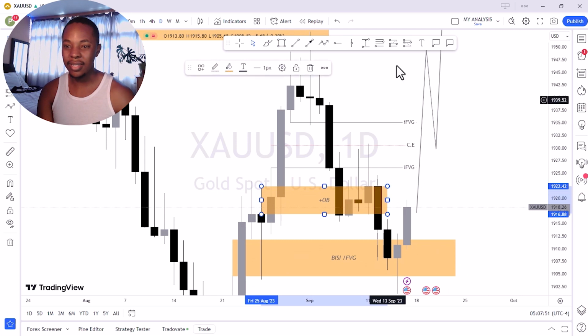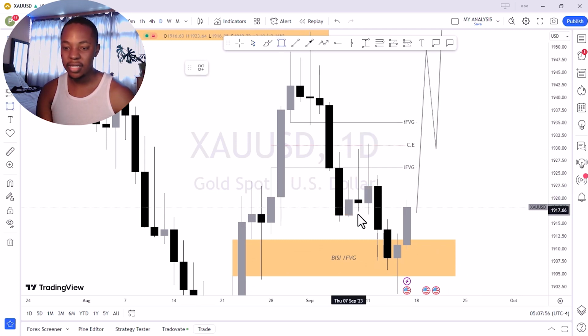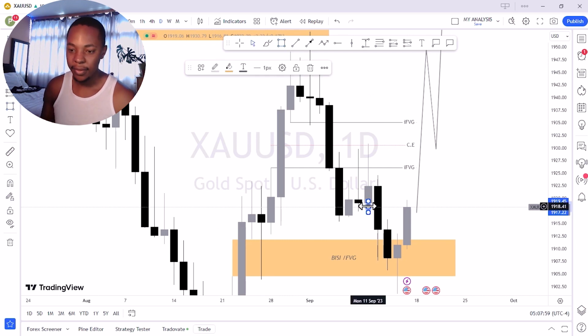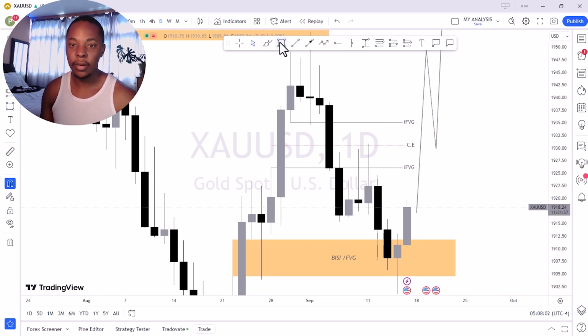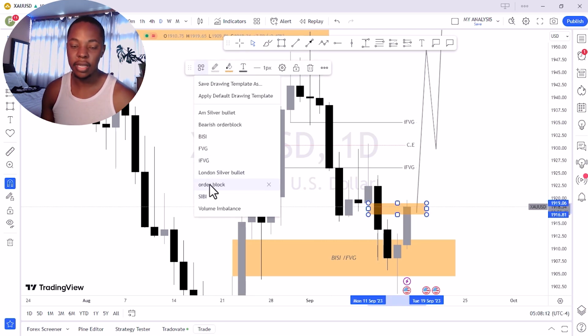Let me just hide this. We might just reject off of this, might as well just reject off of this bearish order block right now, and then start showing us lower prices.